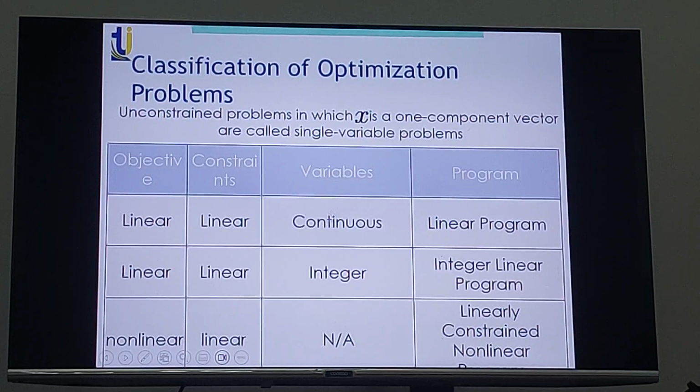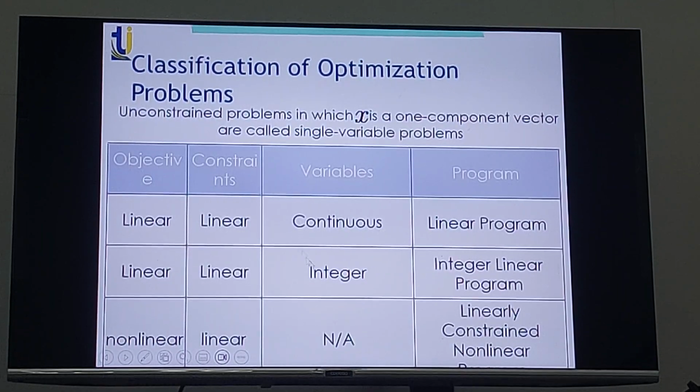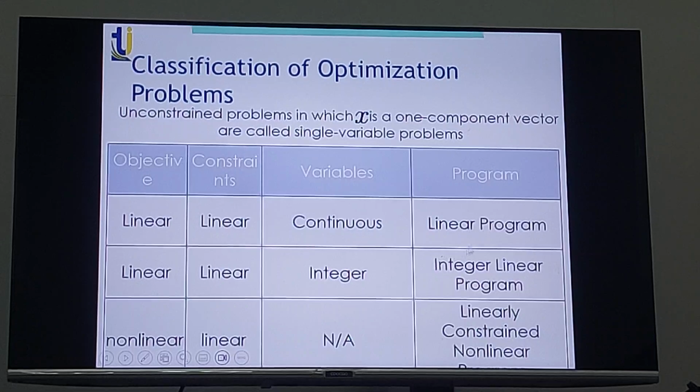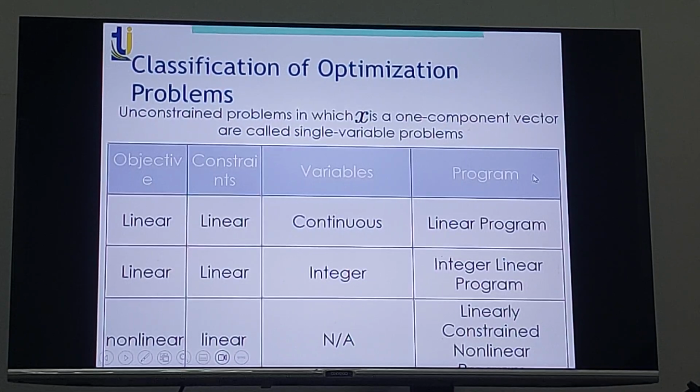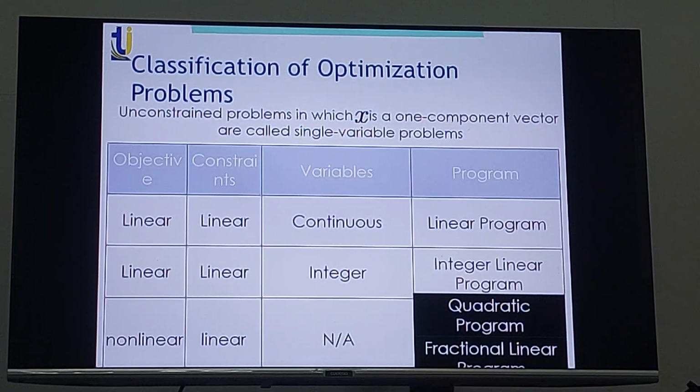The variable could be both. Then the program, meaning the method that you're going to use, the type of the model, could be linear, or non-linear, or this quadratic program, or fractional linear.